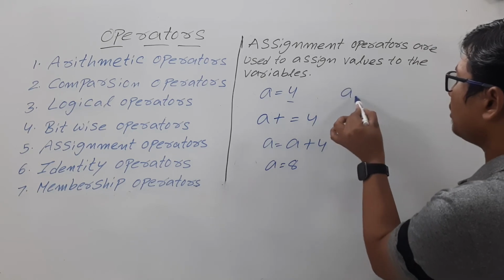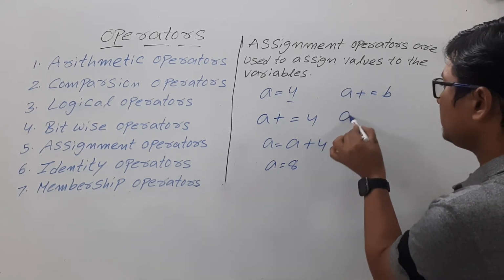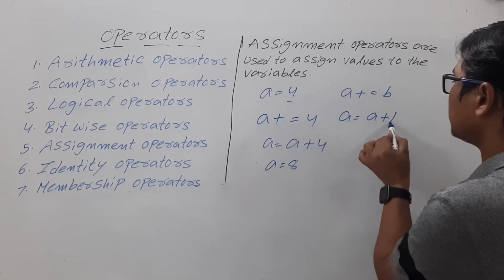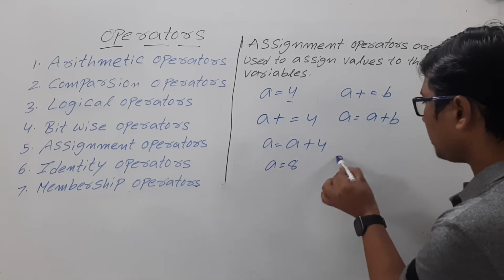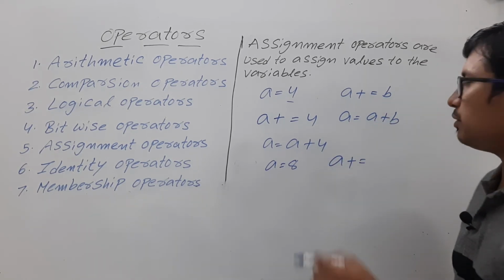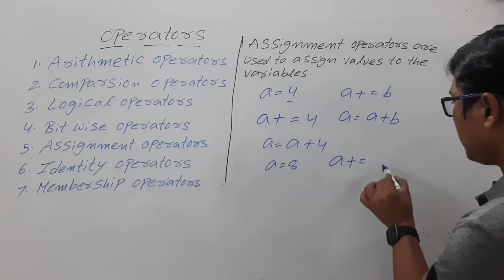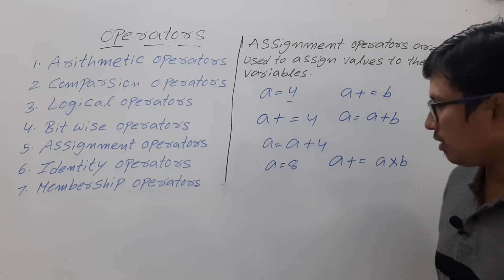Even if I have a plus is equal to b, I can write it as a is equal to a plus b. Then you may have a doubt: sir, instead of only one variable on the right-hand side, I have an expression a into b. How will it work?